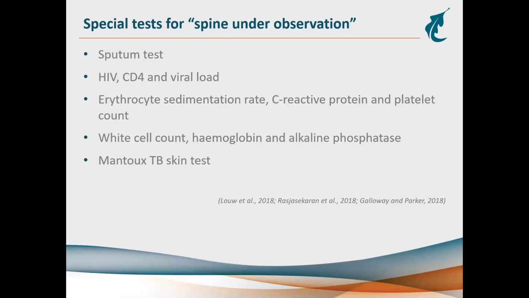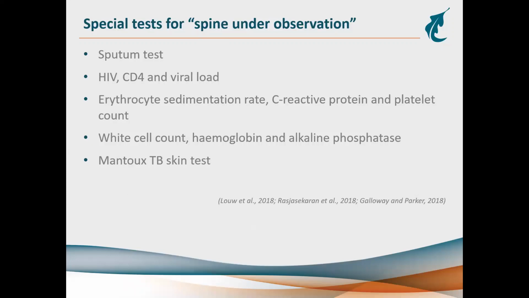Right, so we do have some recommendations for special tests for a spine that's under observation. So firstly, a sputum test. Fourteen to 37% of people with spinal TB are co-infected with pulmonary TB, so that's a good test to start off with. A positive test indicates TB treatment and, of course, further examination.